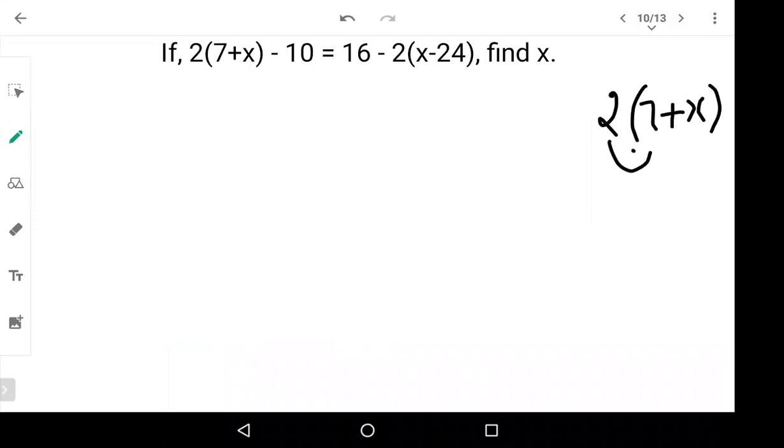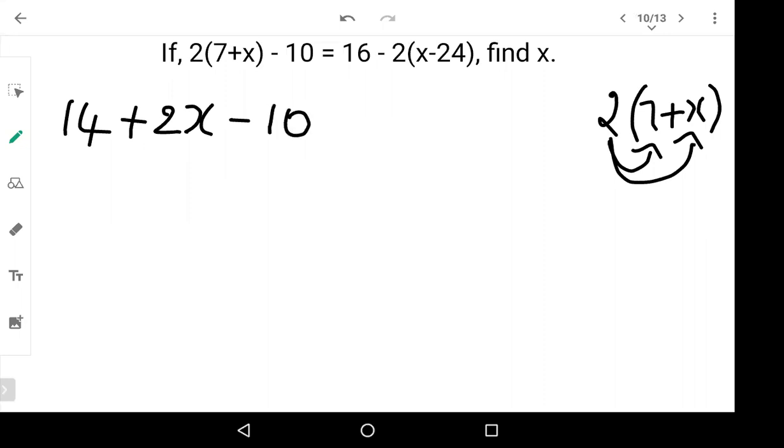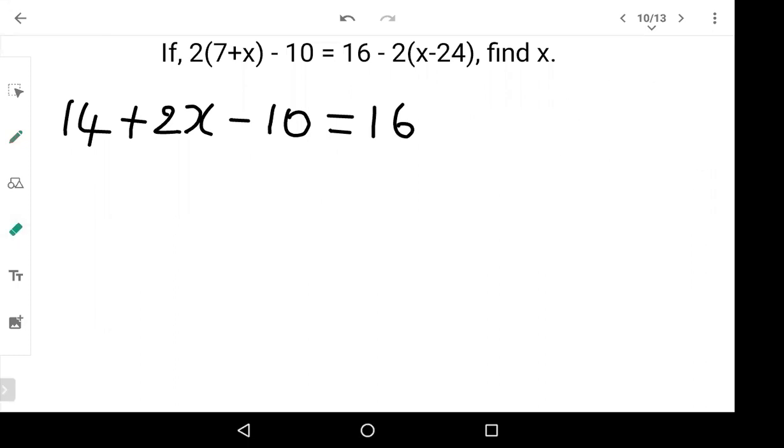So 2 into 7. 2 sevens are 14. 2 into x is plus 2x. Minus 10 will remain as it is, equal to 16. And again, we have a bracket. So minus 2 into x minus 24.